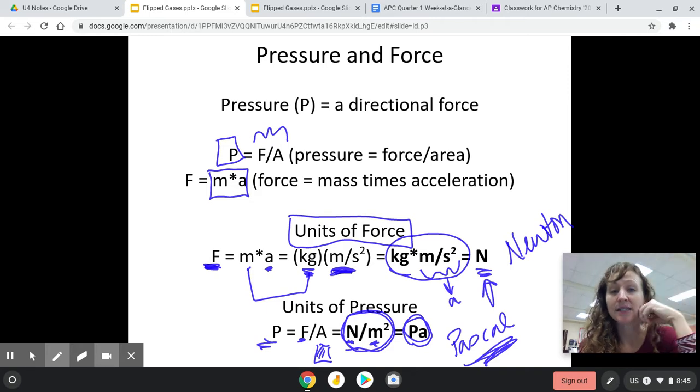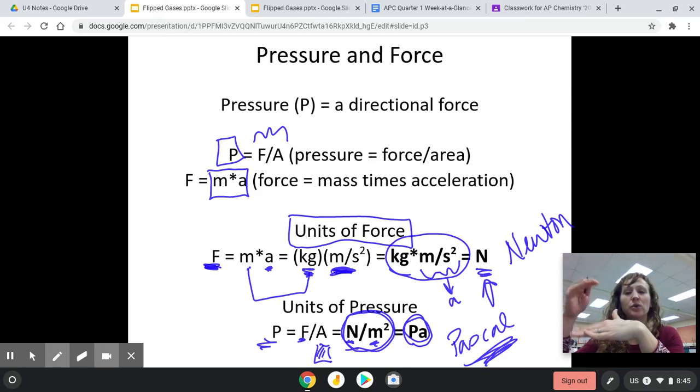Any industry that deals with pressure, it's pretty rare that they're going to deal in Pascals. And so we're going to talk about how a Pascal is related to these other units of measuring pressure that are much more common in industries that deal with pressure.